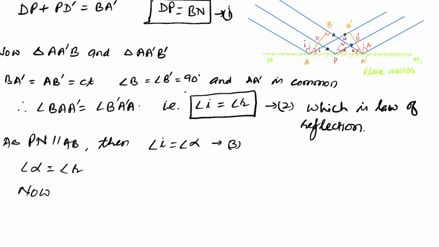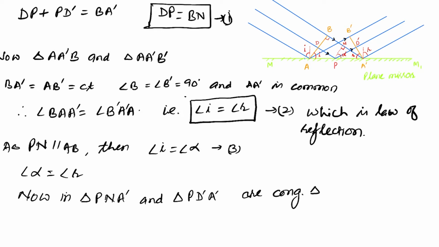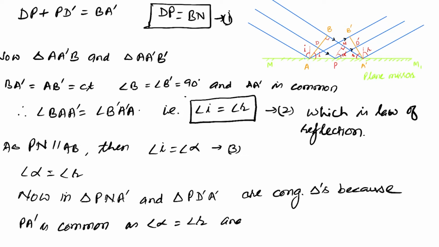Now triangle PNA dash and another triangle PD dash A dash are congruent triangles because PA dash is common to both, angle alpha is equal to angle R, and angle N is equal to angle D dash, which is 90 degrees.